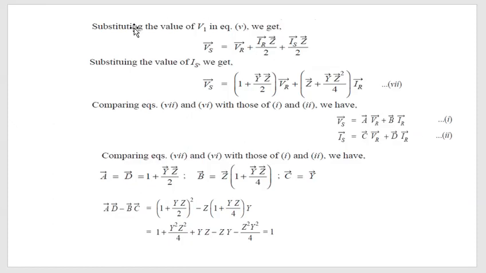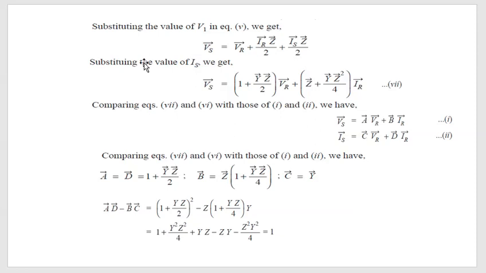Next we substitute the value of V1 in equation 5, and with that Vs is equal to VR plus IR into Z divided by 2 plus IS into Z divided by 2.